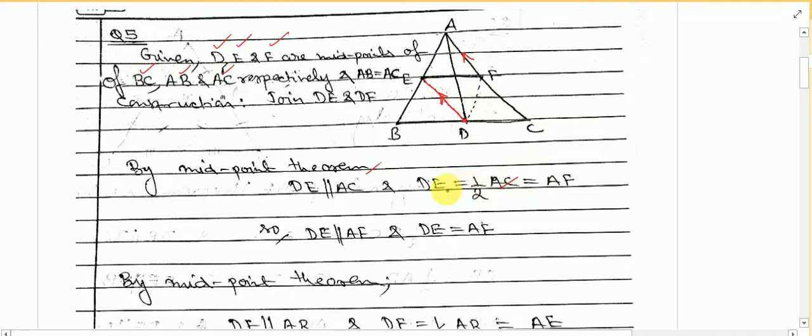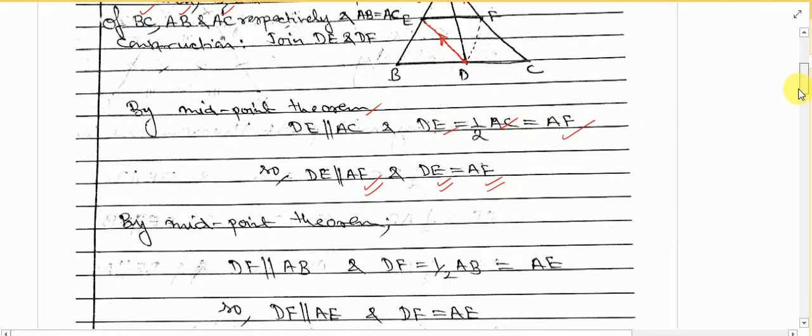That means DE will be equal to AF, and also since DE is parallel to AC, therefore DE is parallel to AF. Clear? And your DE will be equal to AF. So this much is done.